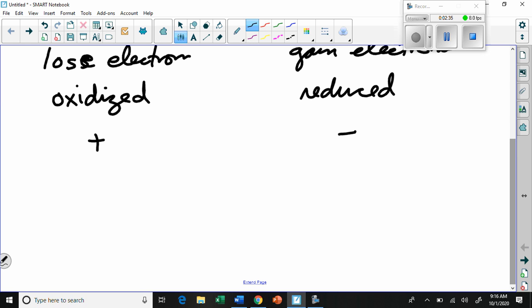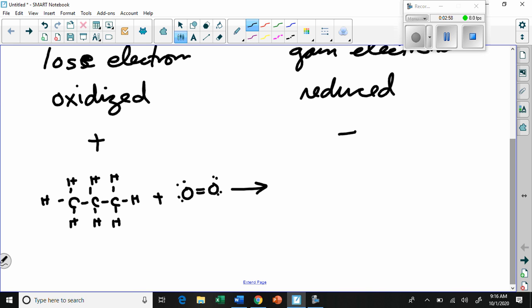And so I'll use the example of this molecule here, this propane molecule. And we'll react this propane molecule with an O2 molecule. And we'll get products.